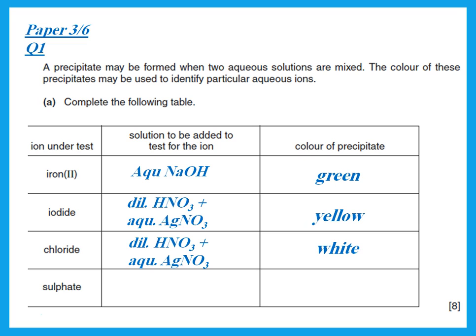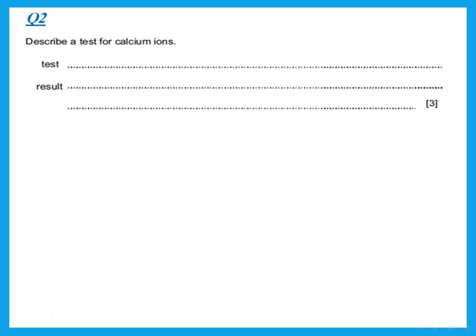What about the test for sulfate? You remember? Add dilute HCl and aqueous barium chloride, or dilute nitric acid and aqueous barium nitrate. So you need barium chloride or barium nitrate. If I add it to something and it has sulfate, what should I get? A white precipitate.